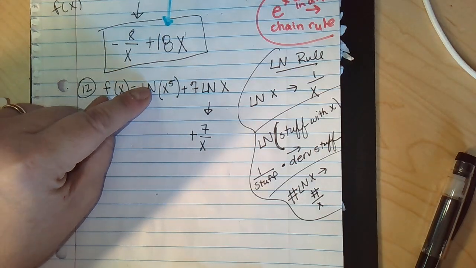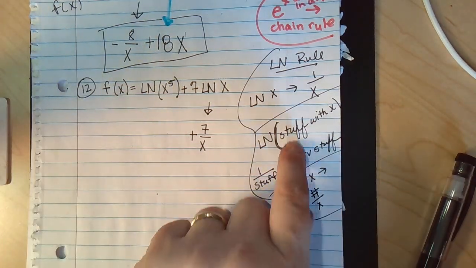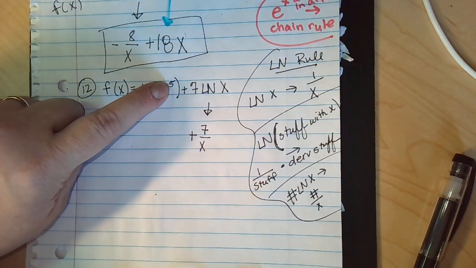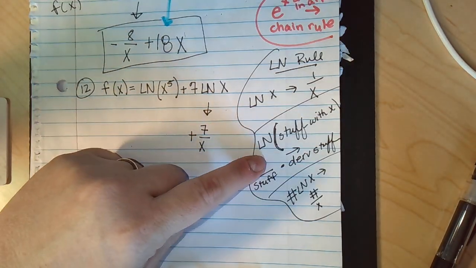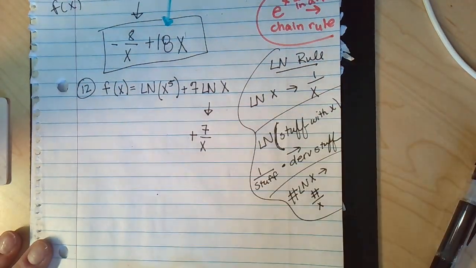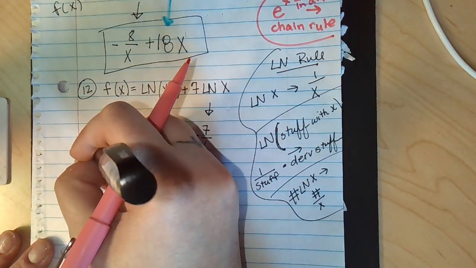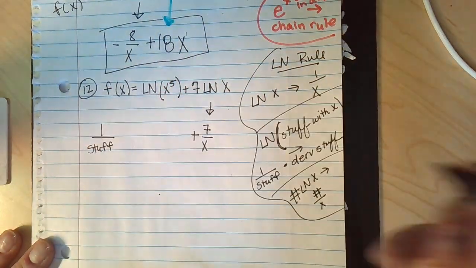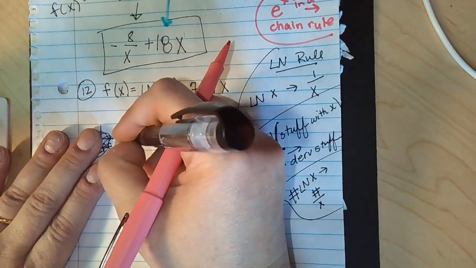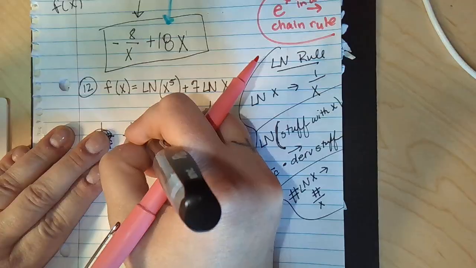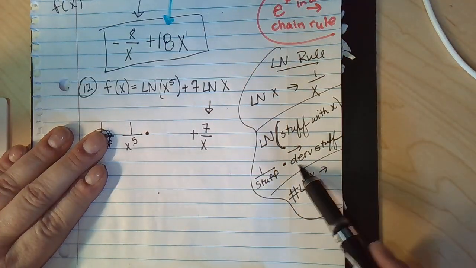If we have ln with a bunch of stuff with x, which I do because it has that 5 in the air, then I take 1 over the stuff. 1 over the stuff of x to the 5th times the derivative of the stuff.